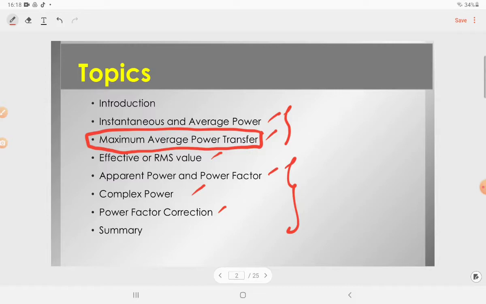We know in Thevenin and Norton theorem, we need to deliver maximum power to the load, so therefore our circuit will work properly because we delivered maximum power to the load. So we will look at this before we go to the next part.